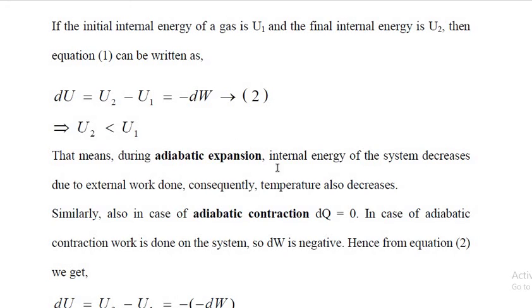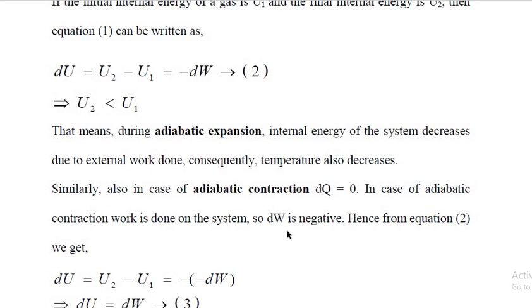Whereas in adiabatic expansion, work is done by the system. Fine. So here dw is negative, therefore from equation 2 we get du is equal to u2 minus u1 is equal to minus of minus dw.